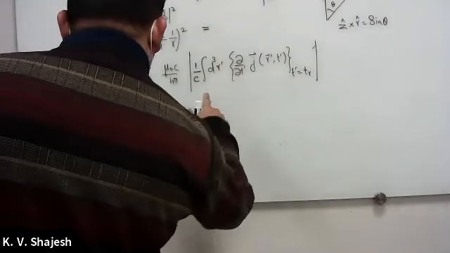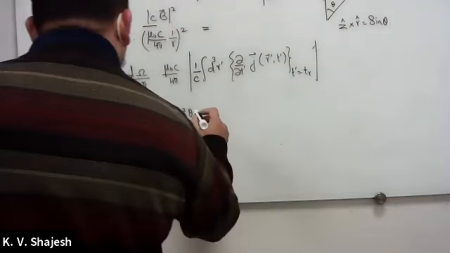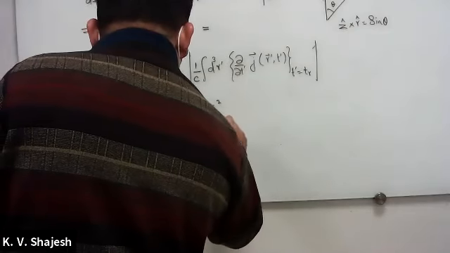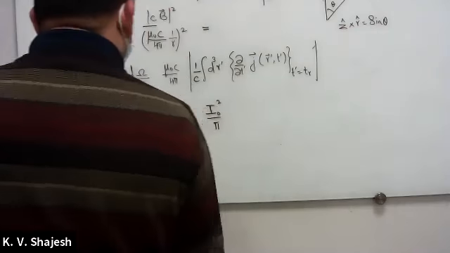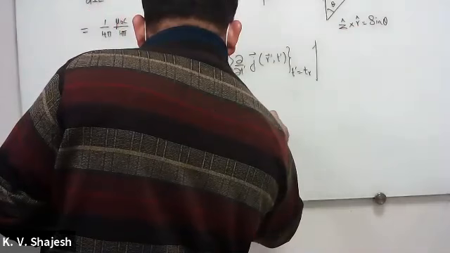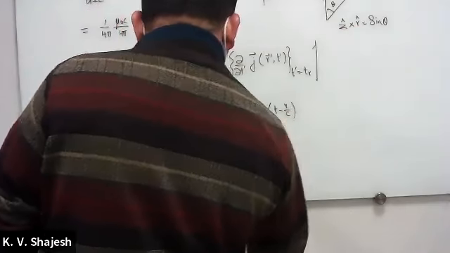theta, and inside in here we have I naught squared divided by pi, and that is cosine squared of omega naught t minus r over c.